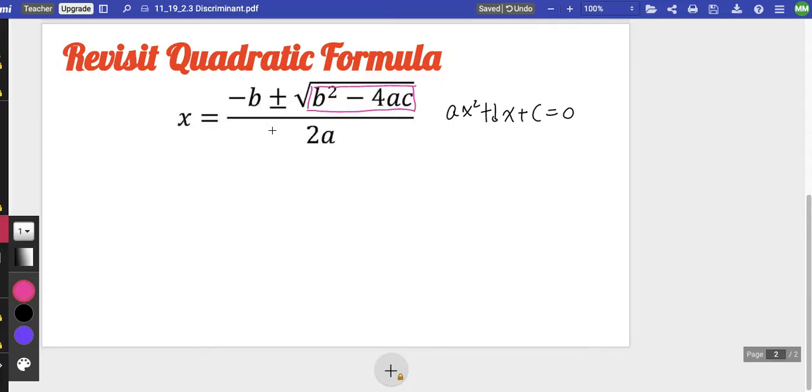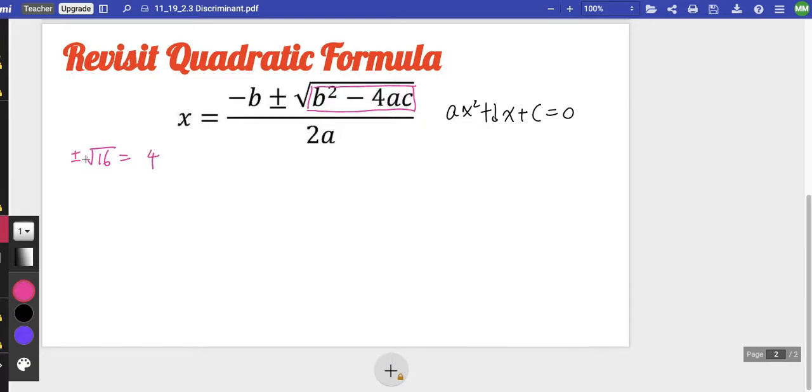The reason is, whatever the b value is, this is just a value, this is just a value. However, this is under a square root. So some features can change if it is under a square root. For example, if I give you the square root of 16, you can easily tell me 4, right?